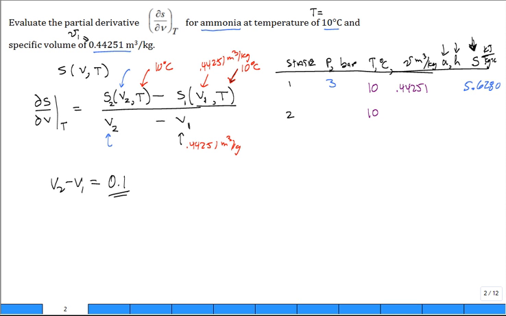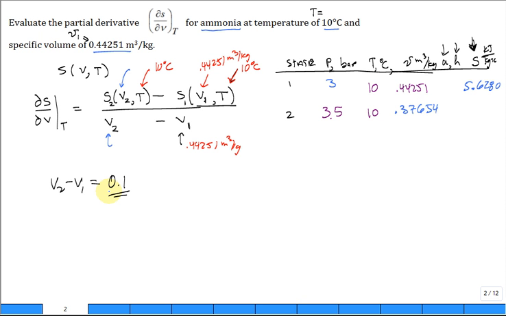So what do you suggest? Because they have data in pressure blocks, I just go to an adjacent pressure block. I'm already in a pressure block of 3 bar, so either go to 3.5 or 2.5 bar. If you go to a pressure block of 3.5 bar, then I can look up the value of specific volume of 0.37654.